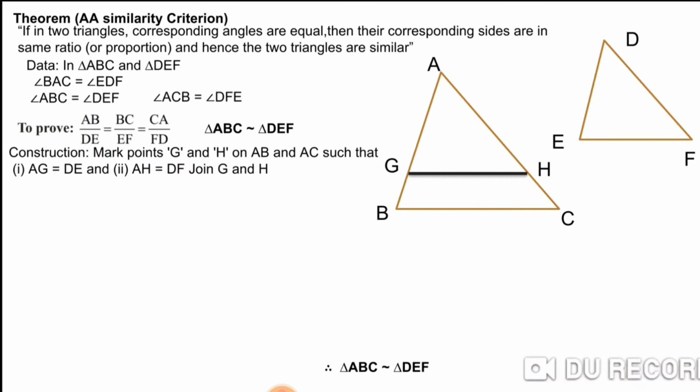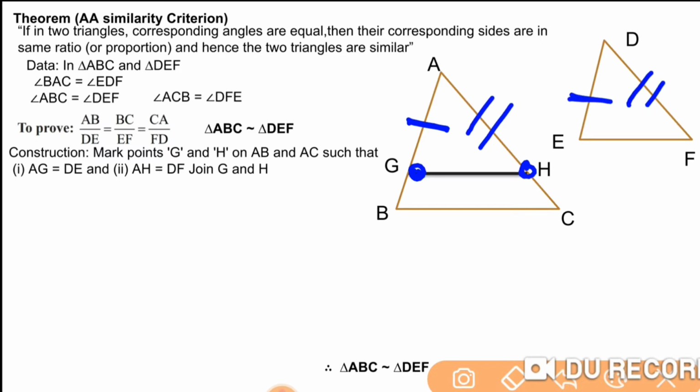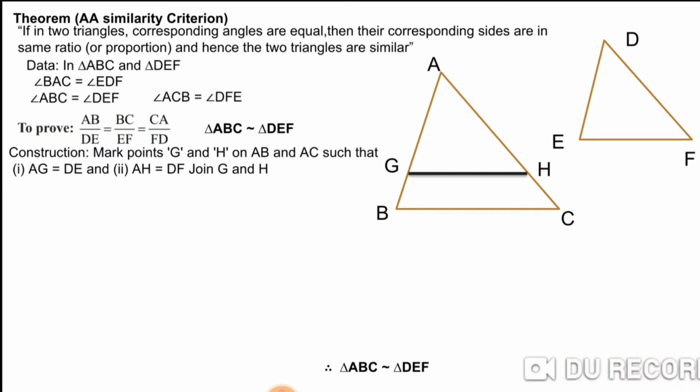It means we have to do the construction in such a way that we take a point G on AB and H on AC such that AG is equal to DE and AH is equal to DF. This is what I have done in the construction part.